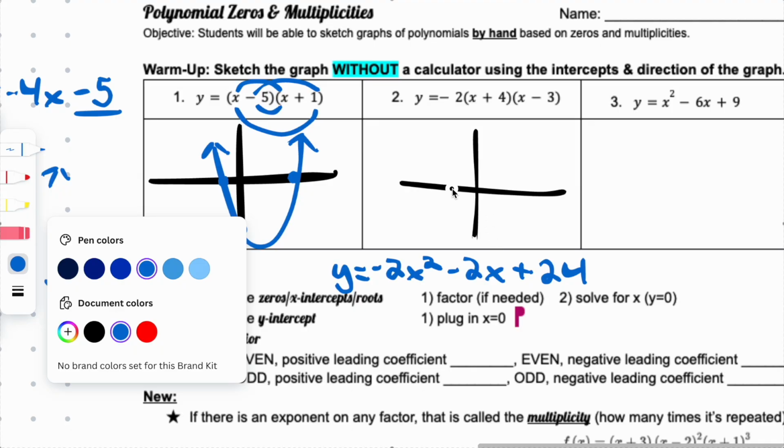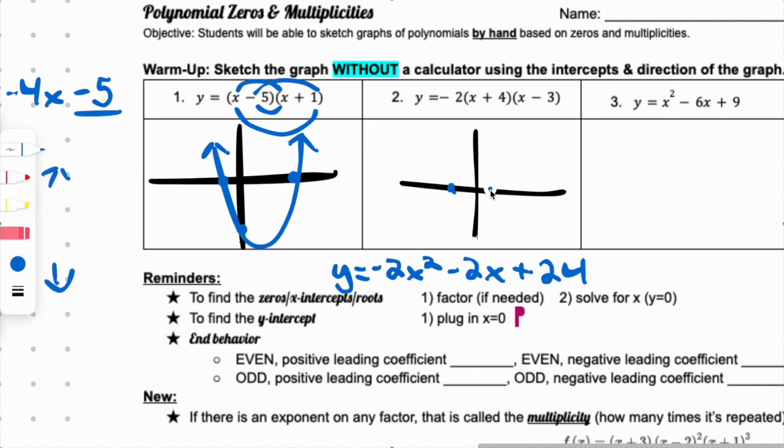So this is going to be -4, this is going to be +3, and our y-intercept is going to be +24. It's going to look something like that. It's going to be relatively steep because we have this 2 out in front, which vertically stretches our function. Let me just make sure this is correct.